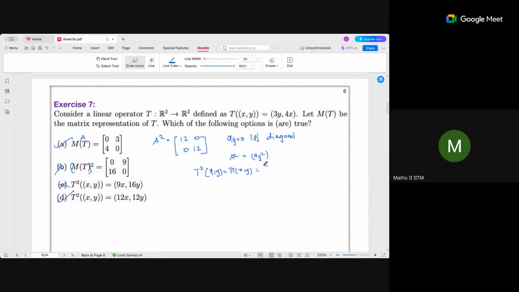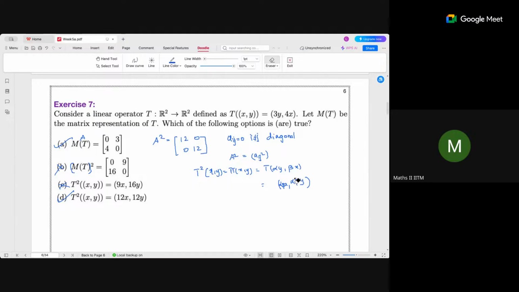So T of, let us say you have alpha y and beta x. Yes, that's true because of this property. So you have T of... only one T, already I have put one T. So here then what will happen? This will get reversed again, right? So your y will go here. So you will have alpha beta y, and this x will come here, so you will have beta x, alpha beta times x. So yes, you will get a diagonal matrix.